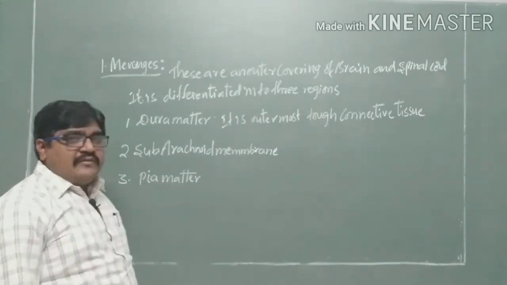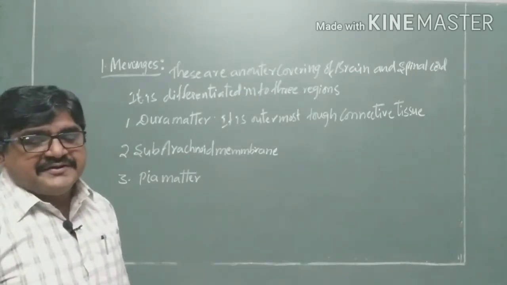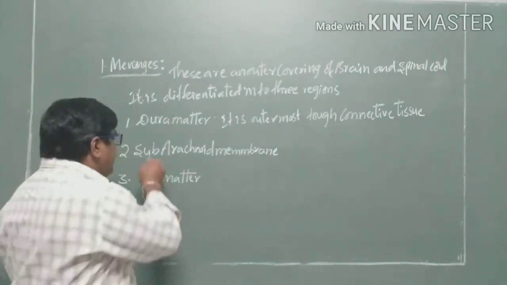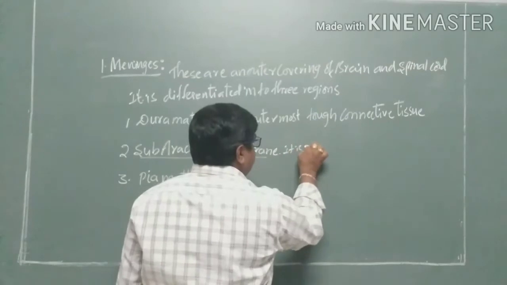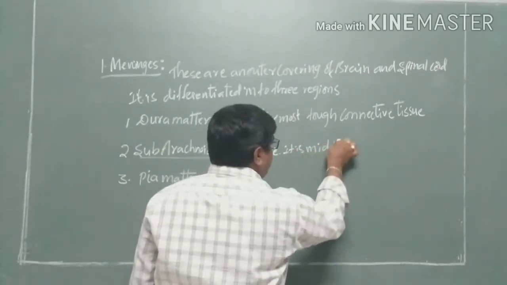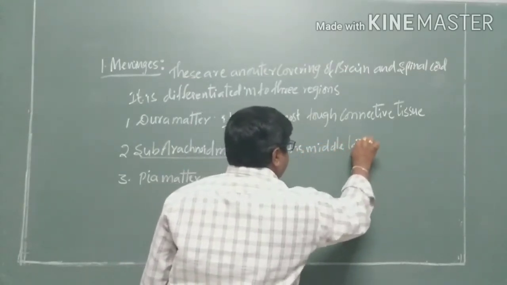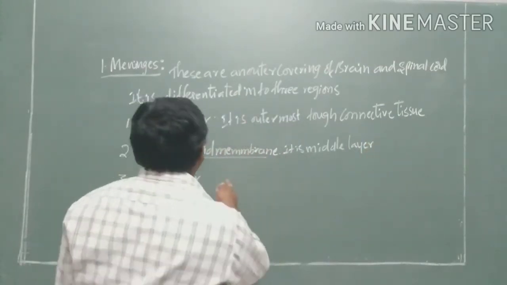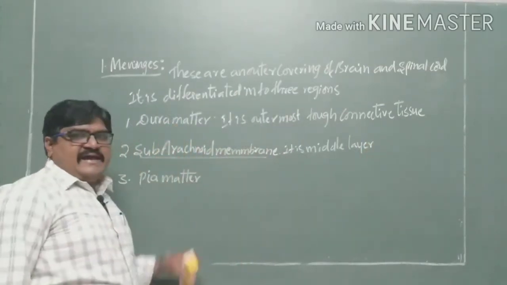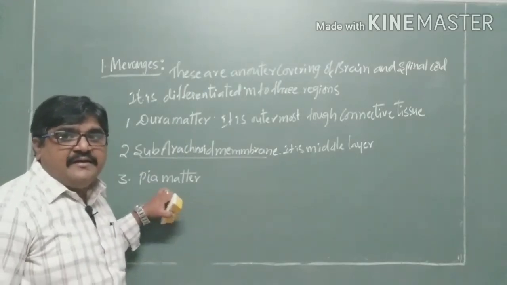You can call it the dura mater. And the arachnoid membrane, the second one, is the middle layer. It is the middle layer which is present between the outer dura mater and the inner pia mater.